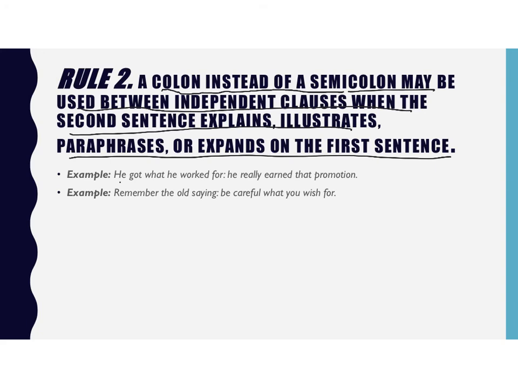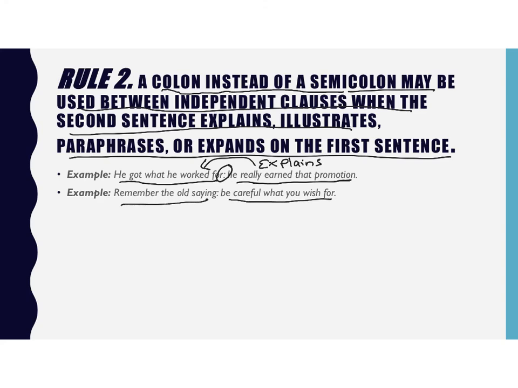Example, he got what he worked for. That's a complete sentence. He really earned that promotion. That's a complete sentence. That's a colon because this sentence explains that. Remember the old saying, complete sentence.